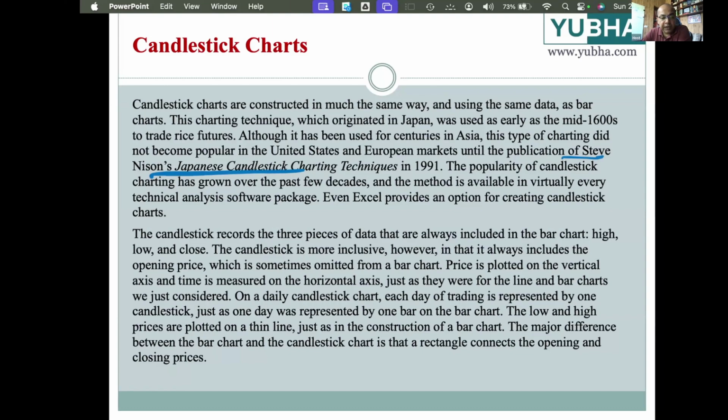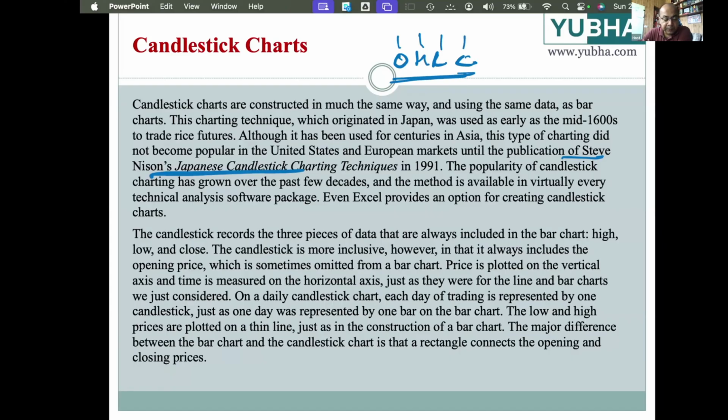It was something that was used in Japan, and it is very similar to a bar chart because it also contains OHLC prices. OHLC is nothing but open, high, low, and close. It has all those four data points, but the representation is a little different.